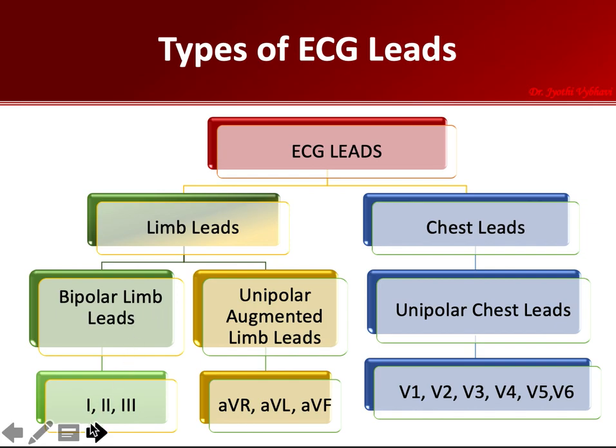Bipolar limb leads are lead 1, 2 and 3, and unipolar limb leads are AVR, AVL and AVF. I'll be explaining what all these are. Chest leads are classified as unipolar chest leads, and they are V1, 2, 3, 4, 5, 6. So there are 12 ECG leads, and in the present day, we use 12 standard ECG leads to record the ECG.